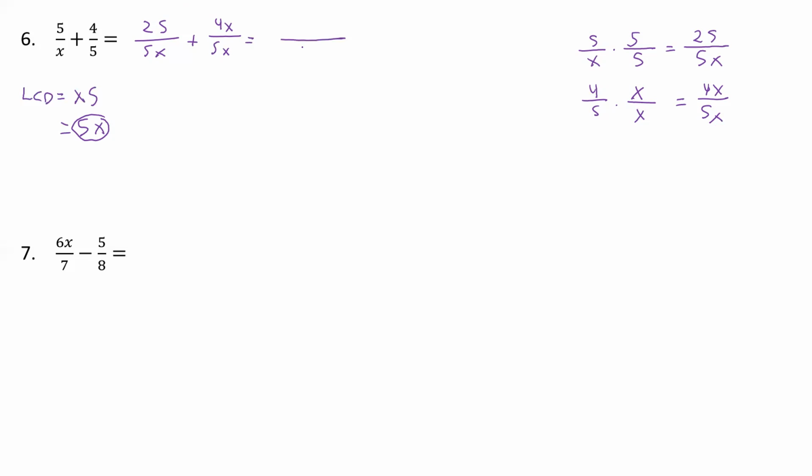Now 5x is our common denominator, so now we just have to take 25 plus 4x. And guess what? Those are not like terms. So that's as far as we can go. Now, sometimes people like to write it 4x plus 25 over 5x.